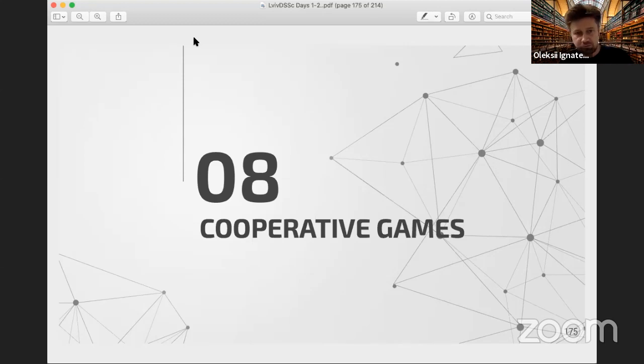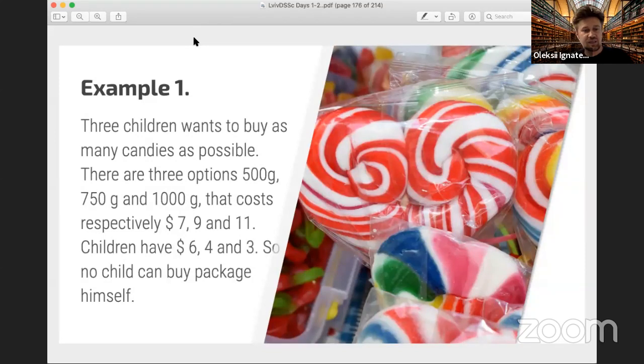So what do I mean? Let's consider an example. Three children want to buy as many candies as possible, and there are three options. You can buy a package of 500 grams, 750 grams, and 1 kilo. And these packages of candies cost $7, $9, and $11.